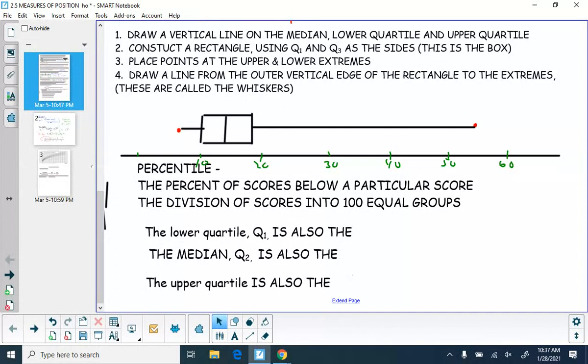Where you see this is when you take an ACT test and get your results back. They don't give you an A, B, C, or D. All they do is give you a percentile rank. Basically, they're telling you what percent of scores were below your score in the United States.